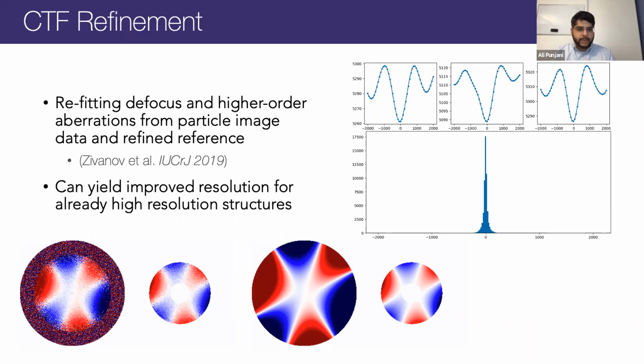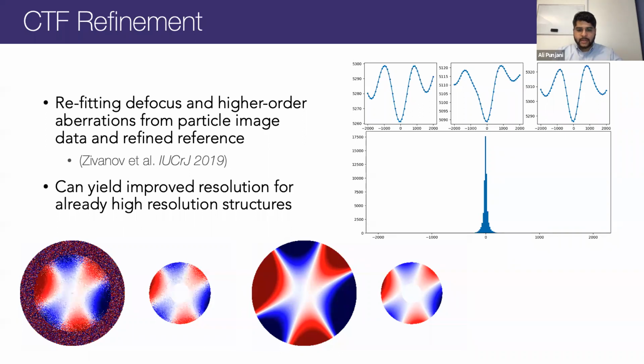Again, higher order aberration correction works very well for larger, rigid, high signal to noise ratio images of large proteins. For other things, sometimes not so much. It depends very much on the data context. However, it's always worth trying. It can hurt as well. If there isn't enough signal in the data, then a lot of this refinement ends up listening to noise and actually making the results worse.